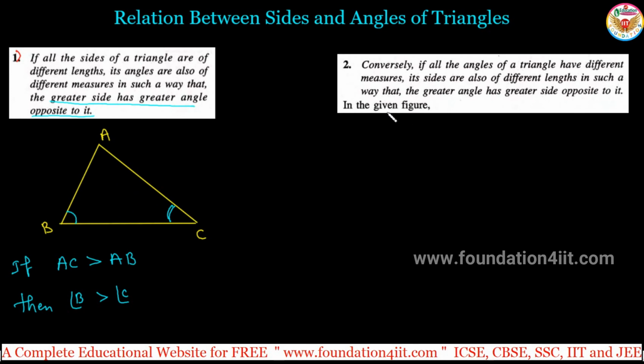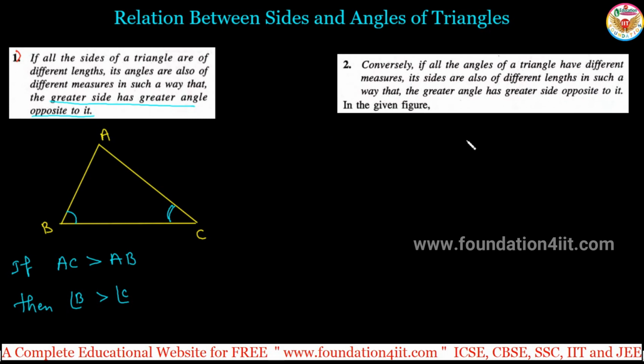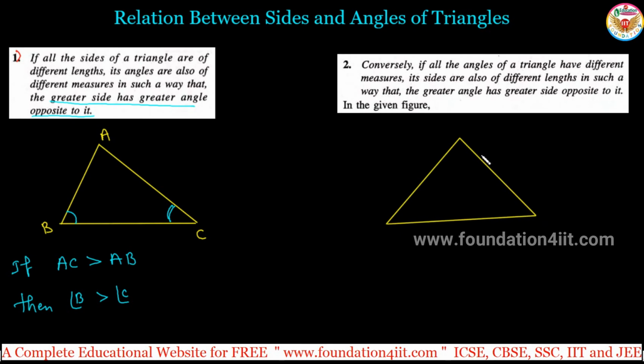And next one, conversely. If all the angles of a triangle have different measures, its sides are also of different lengths in such a way that the greater angle has the greater side opposite to it. So let us take the triangle ABC. The sum of the three angles is 180 degrees.